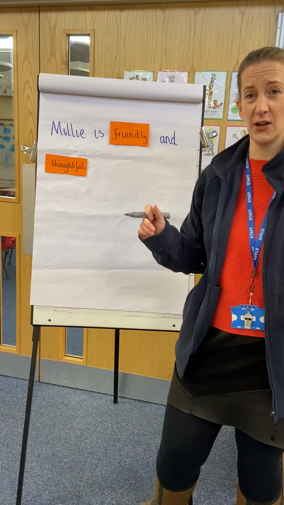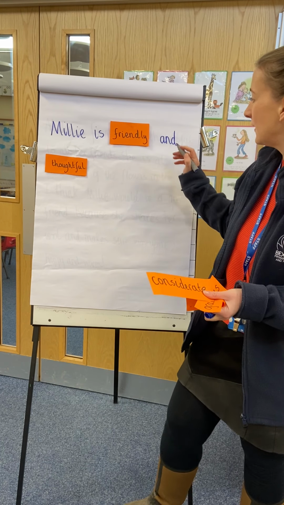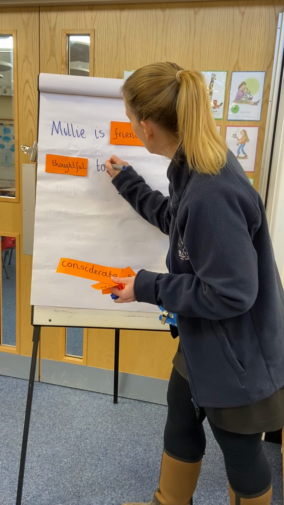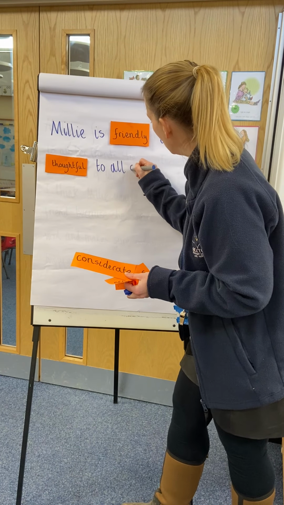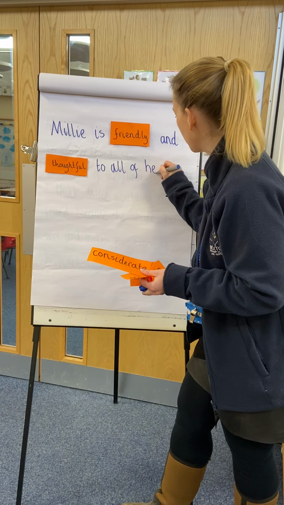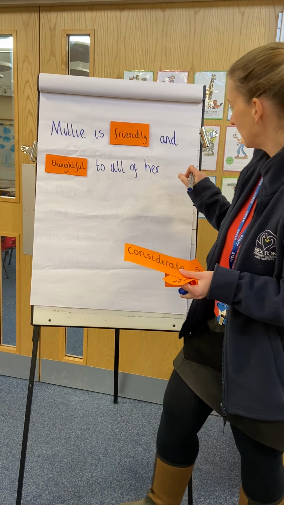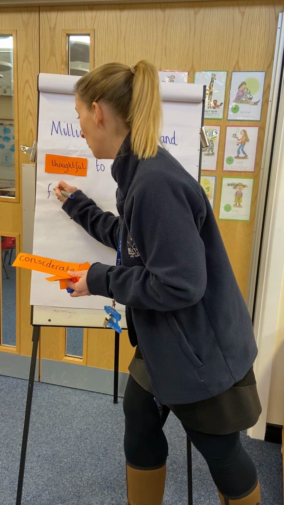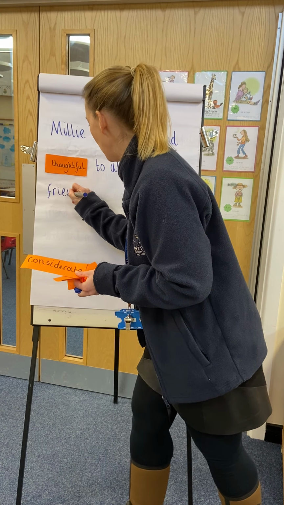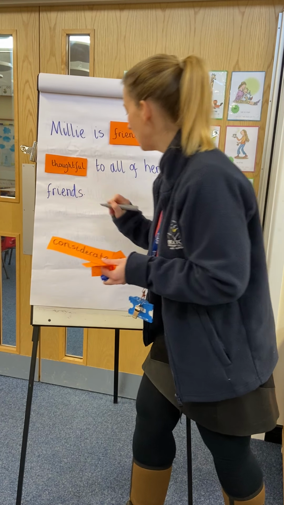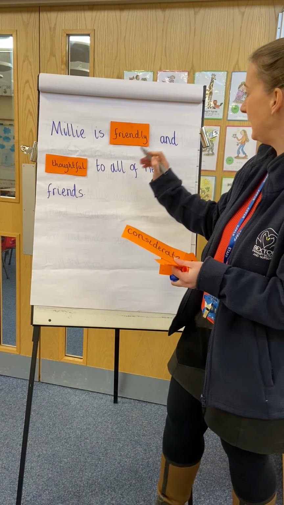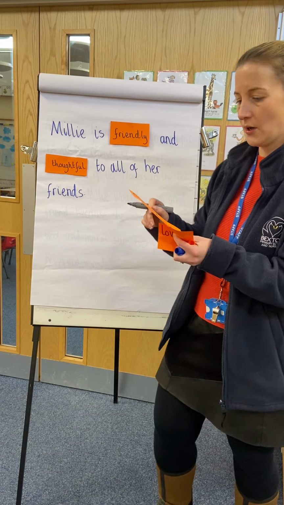I think we know from that story that Millie is friendly and thoughtful to all of her, I might even, should I put friends? I'm going to try friends, but I could put all of the animals, because I bet for Millie it doesn't matter who it is, but we'll stick with friends. Millie is friendly and thoughtful to all her friends.